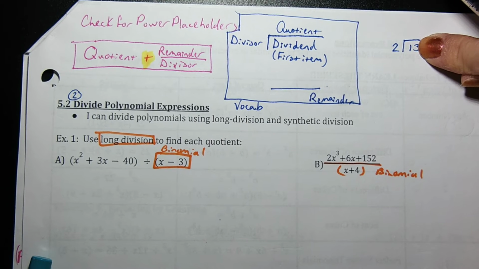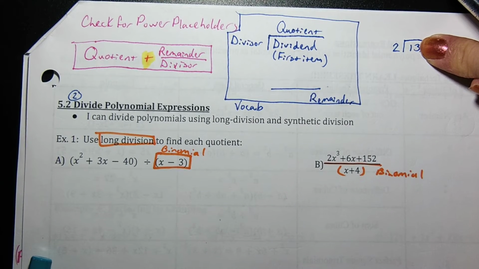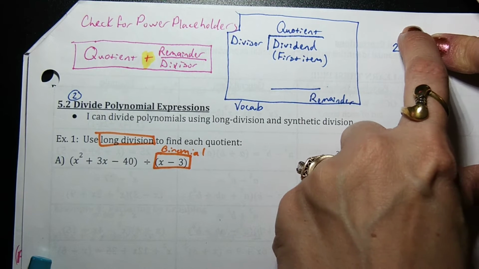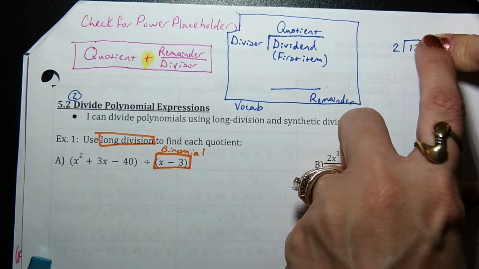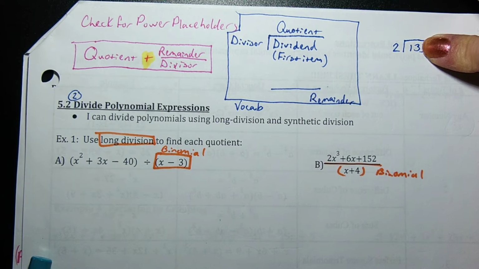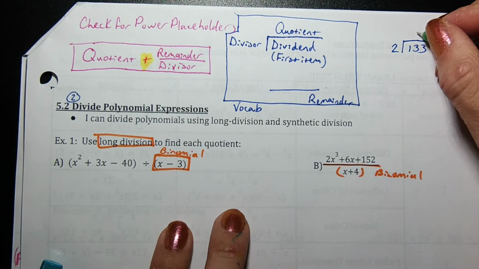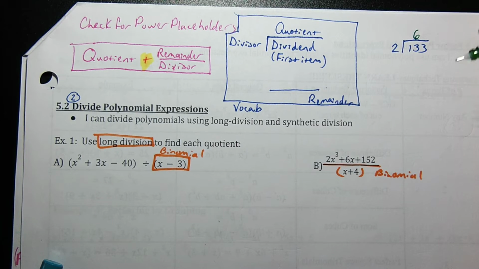But instead of saying 2 goes into 13 how many times, we're going to practice using our polynomial thought process. We're going to say 2 times what on the dividing house gets me really, really close to 13. 2 times what gets me closest to 13? 6. So 7 would be too much.